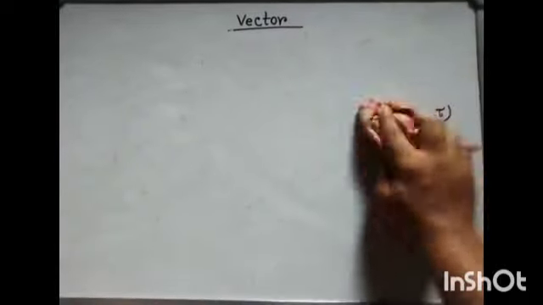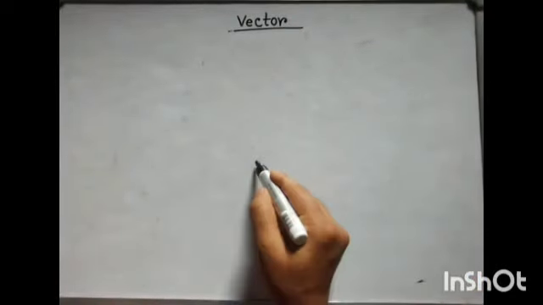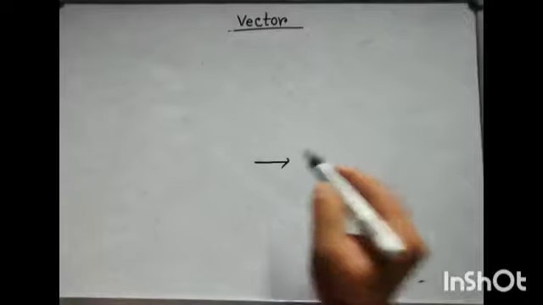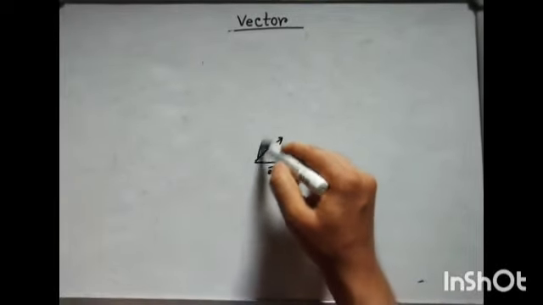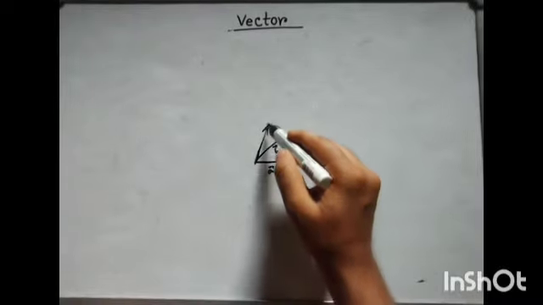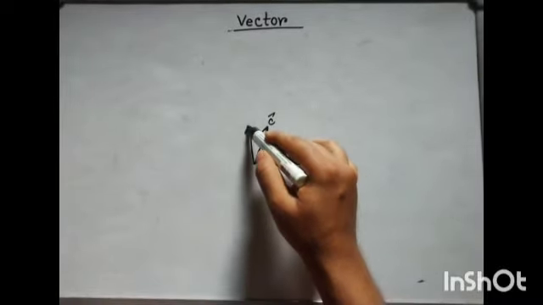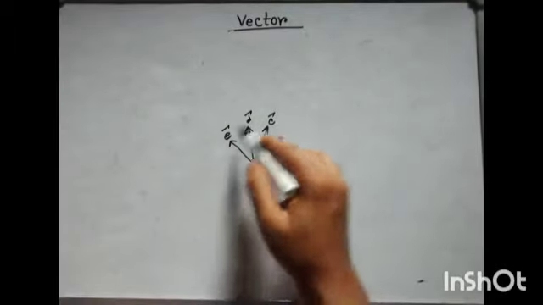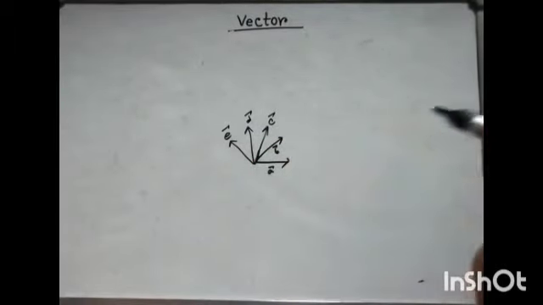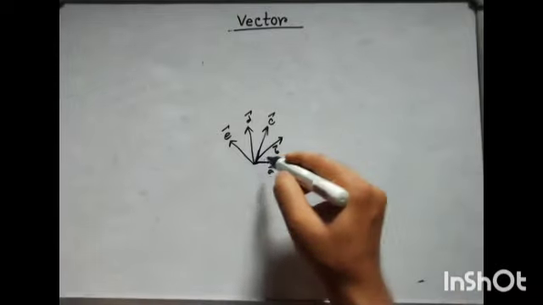And another thing, suppose I have given you many vectors, a vector, b vector, c vector, d vector, e vector, and I have told you to add all of them. How will you add them?